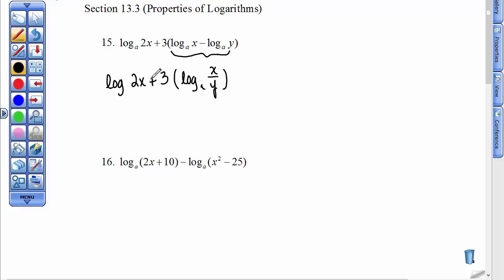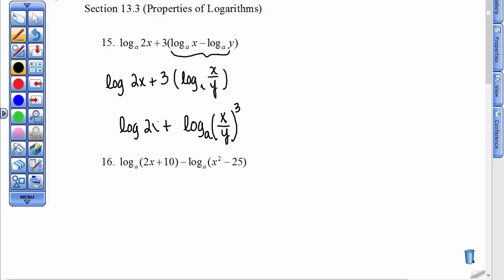So when I'm ready to write this as a multiplication problem, because of this plus sign, that will be good to go. But this 3 has got to be put on the outside of the x, y, and it's got to be thought of as its exponent. So now the 3 has been moved.